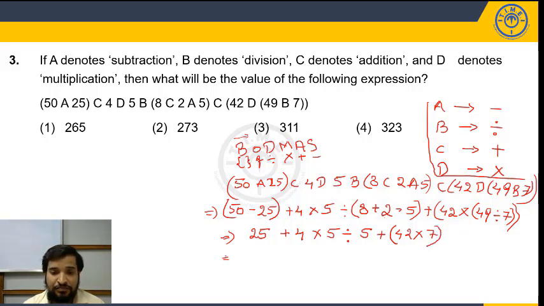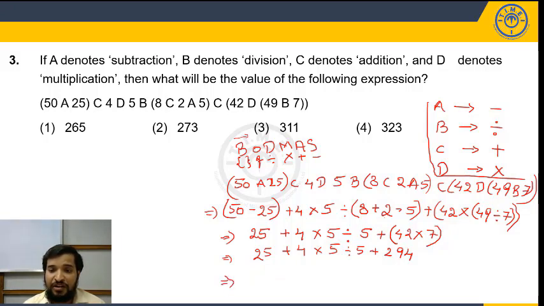Next, 25 plus 4 into 5 divided by 5 plus 42 sevens are 294. Now we have solved the brackets.